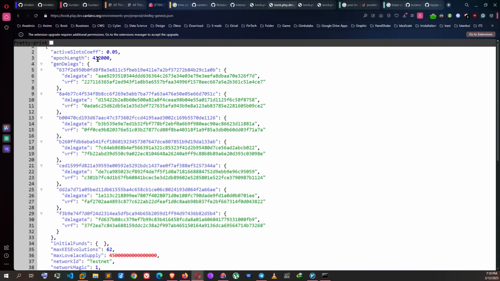But when that epoch changes, once it reaches 432,000, when 431,999 is added with 1, that last second is the one that matters because it's going to snapshot and record everything in the current state of the blockchain, and then that's it.